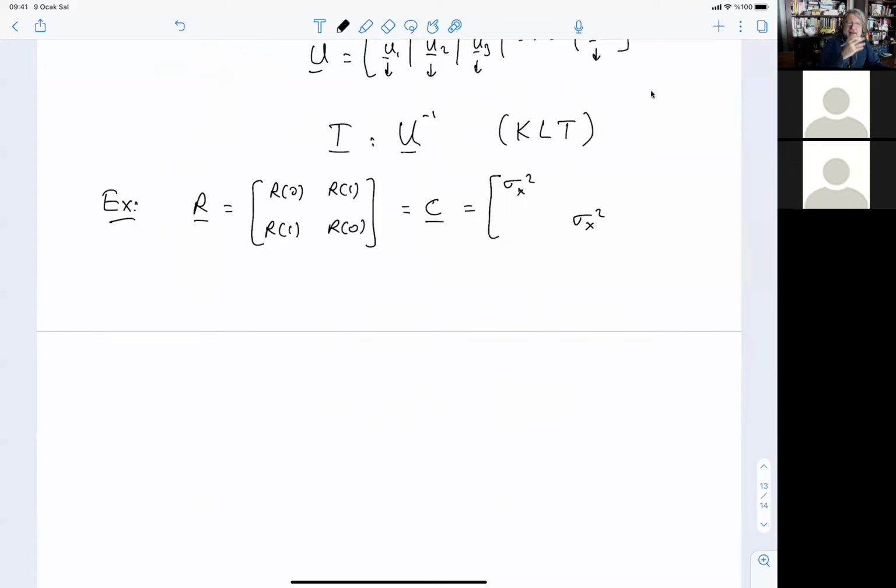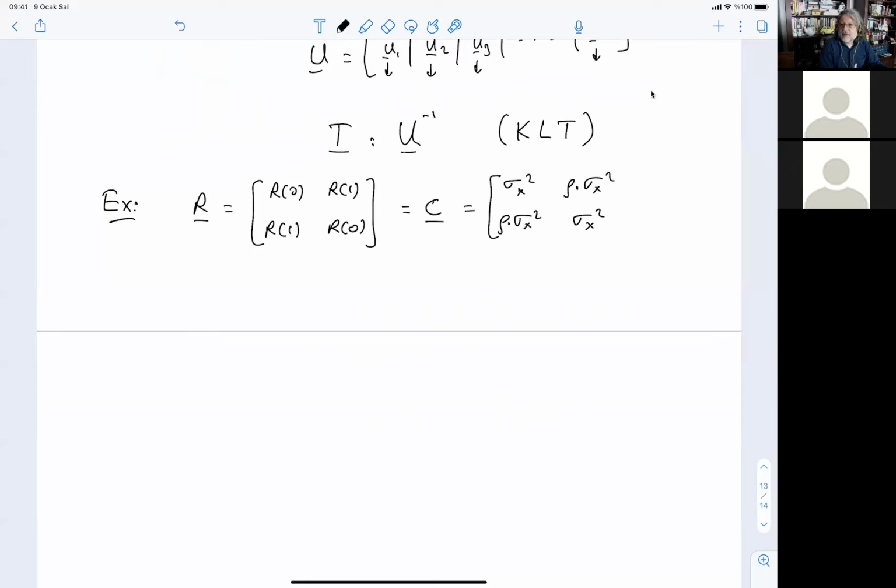So the R0, which corresponds to the expected value of x1 times x1, and the R0 here, which is the expected value of x2 times x2. From x1 to x2, it doesn't change statistics, it's stationary. So these two will both give you sigma x squared. And the off diagonals will give you rho times sigma x squared.